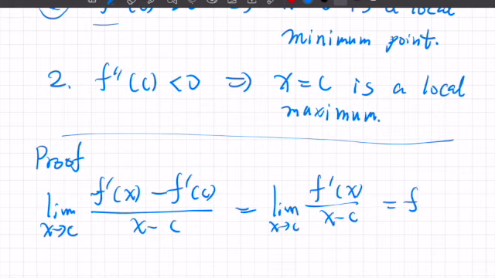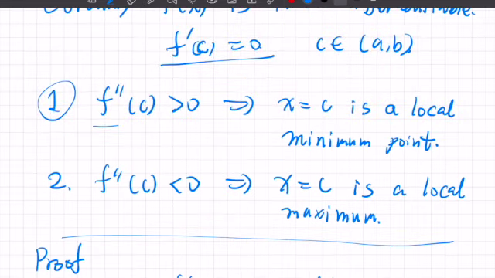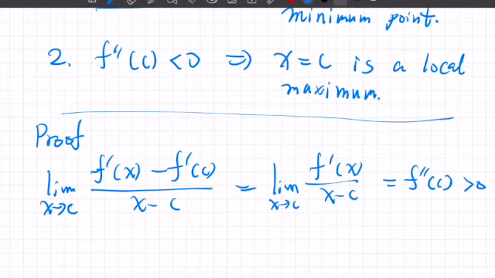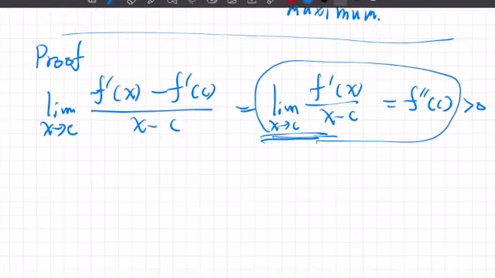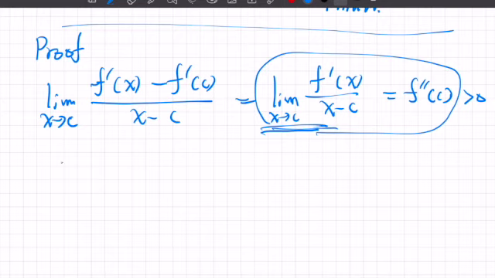And that is equal to f double prime c, which is positive by this assumption. Next, we apply the definition of limits to this situation. So for that, we define epsilon as this value, f double prime of c, which is positive.